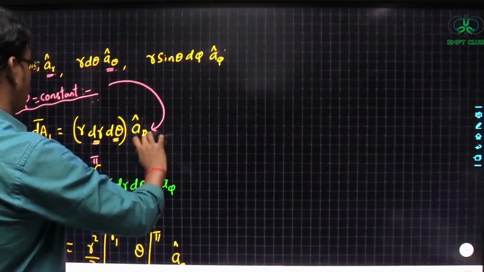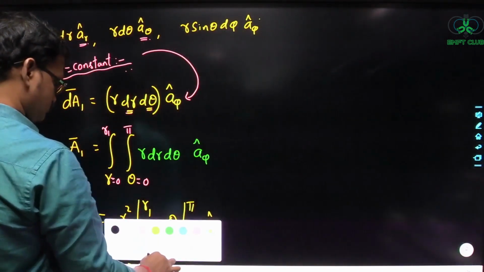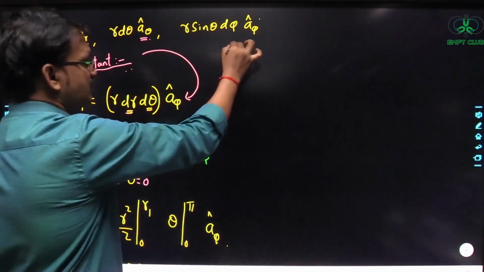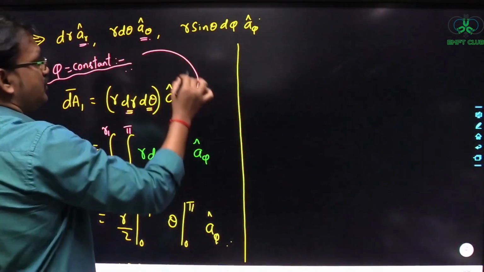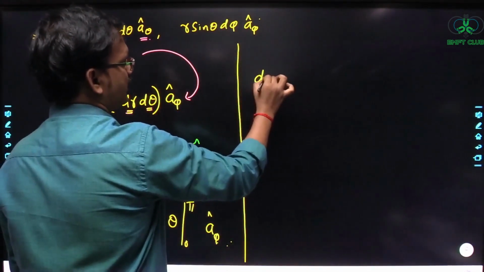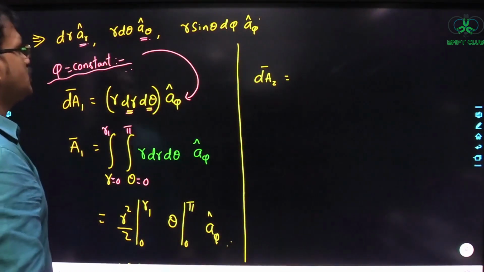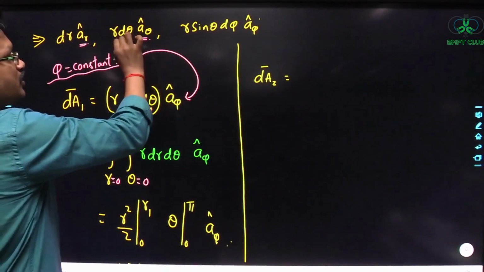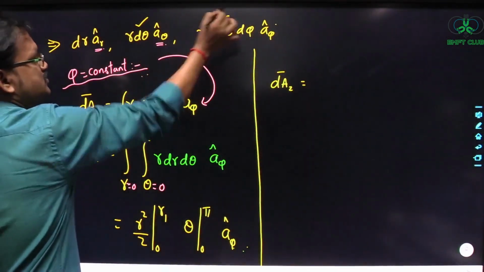Okay. So next, consider another differential area, let us say dA2 bar. Now do the cross product between this differential length and this differential length.